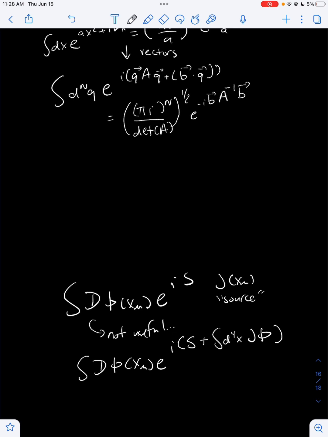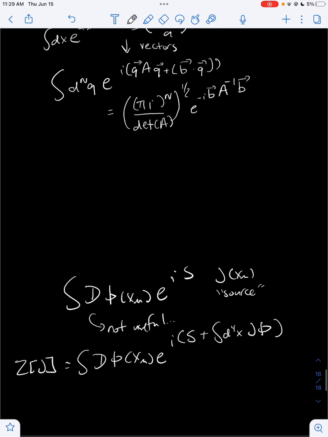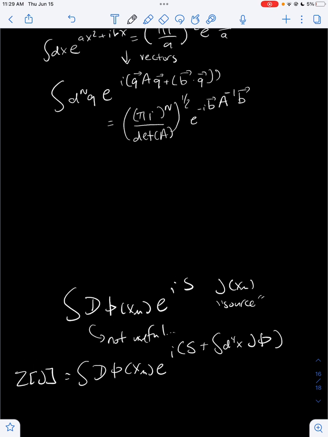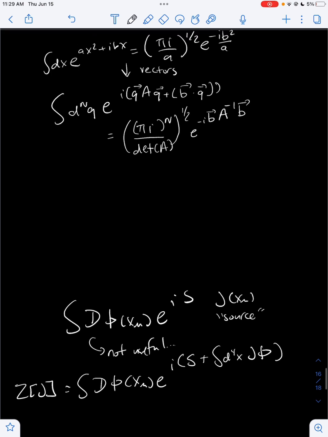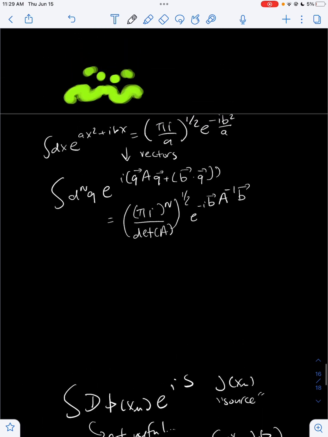It's not an interaction term, but we can use this new sort of thing. We call it the generating functional Z of J, and we can use this functional to actually calculate the probability that two particles scatter in quantum field theory. And that's because this quantity over here, we call this the n-point correlation functions.